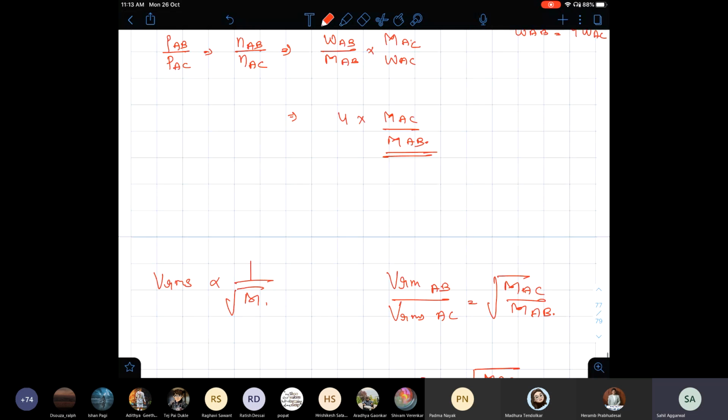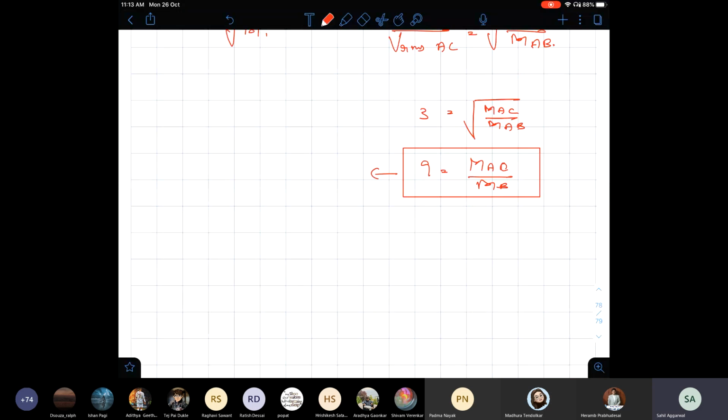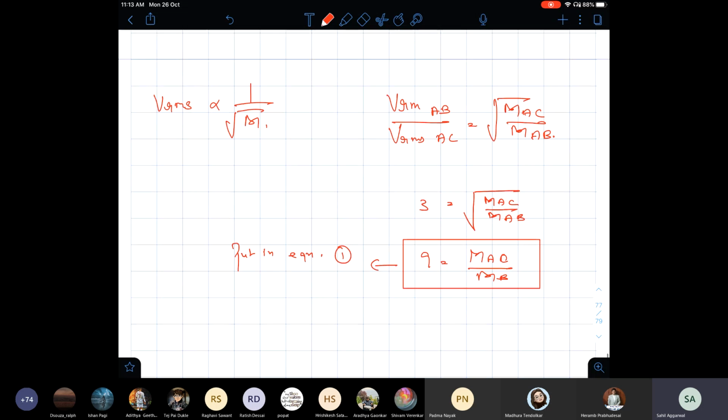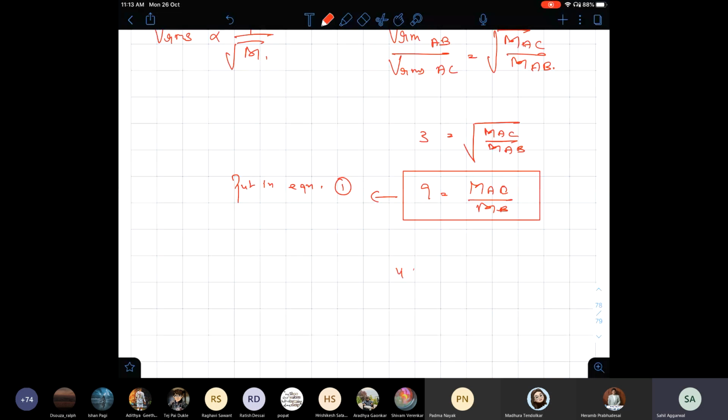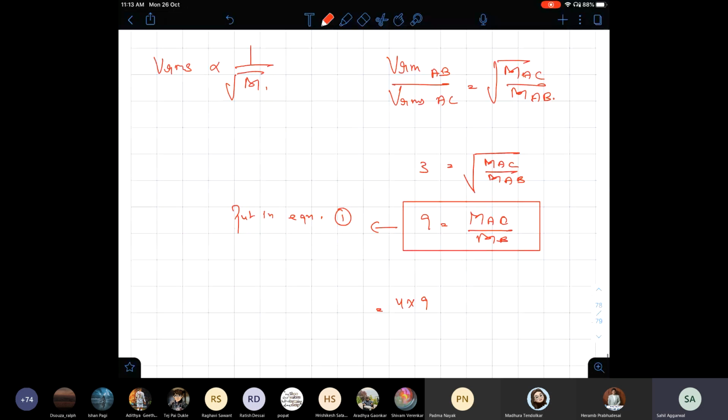This we also found. We can put it in this formula. Let this be equation first. Put in equation first, we will get 4 into 9 equal to partial pressure of AB divided by partial pressure of AC, so it is 36.